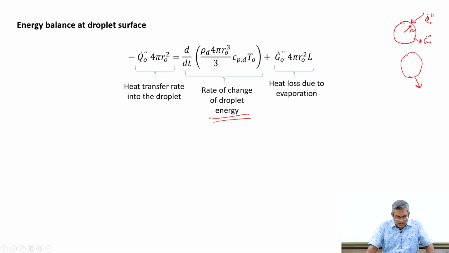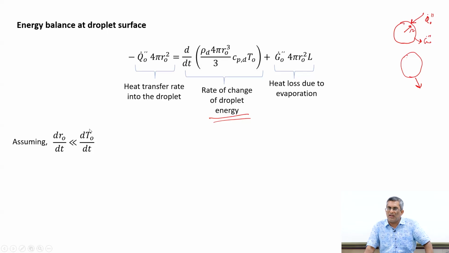Okay. Now, at this moment, we can assume that the rate of change of size of the droplet is much smaller than the rate of change of droplet temperature. So, here we are making an assumption. What will happen in that case is that the droplet size is changing very slowly compared to the rate of change of energy of the droplet.